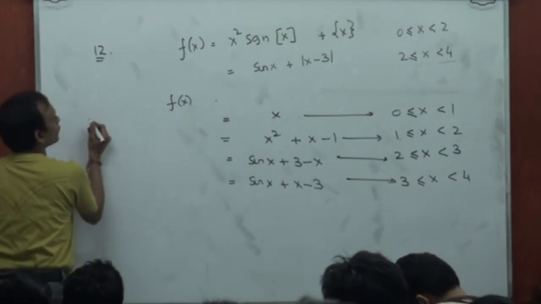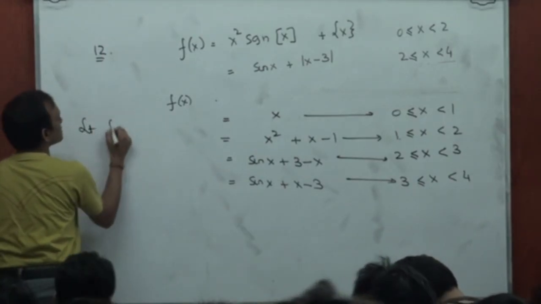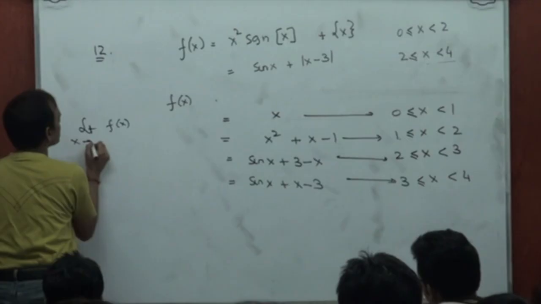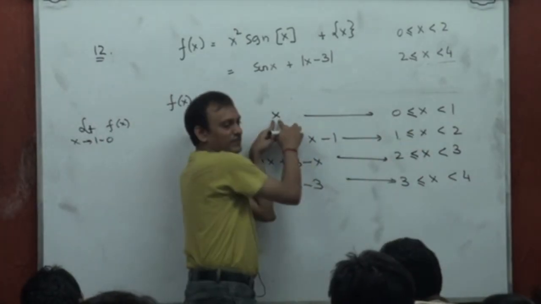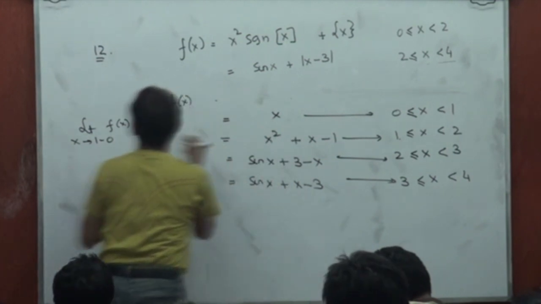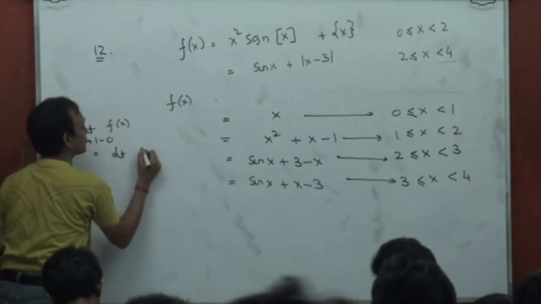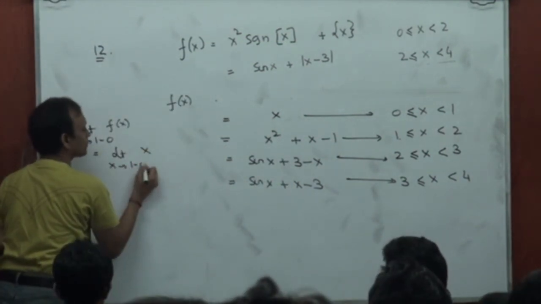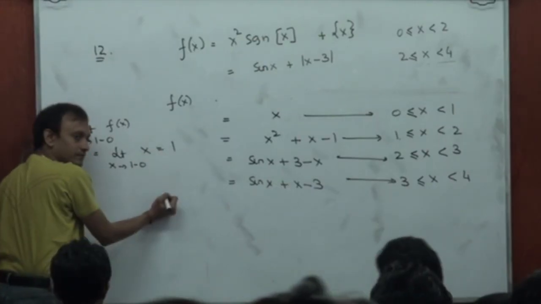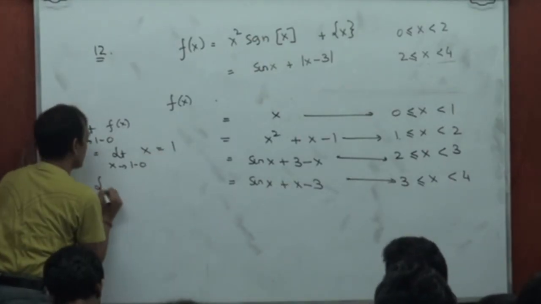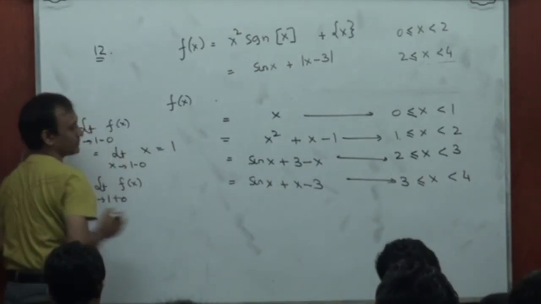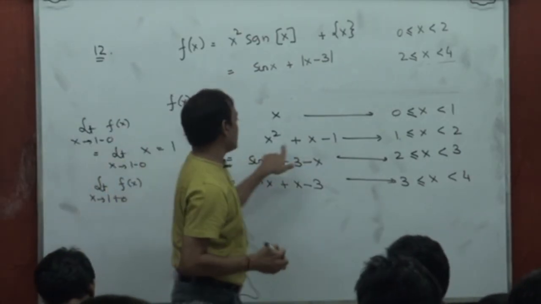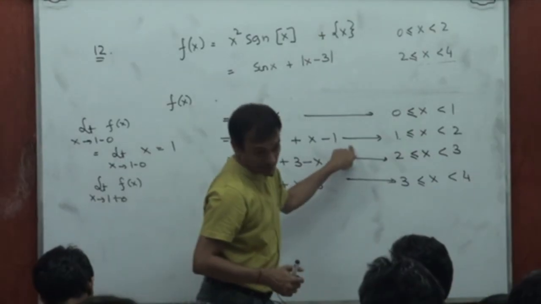So then, what is limit f x as x tends to 1 from the less than 1 side? When x tends to 1 from the less than 1 side, f x is described as x. So this is 1, right? Limit f x as x tends to 1 from the greater than 1 side: when x is slightly greater than 1, the description of f x is x squared plus x minus 1.